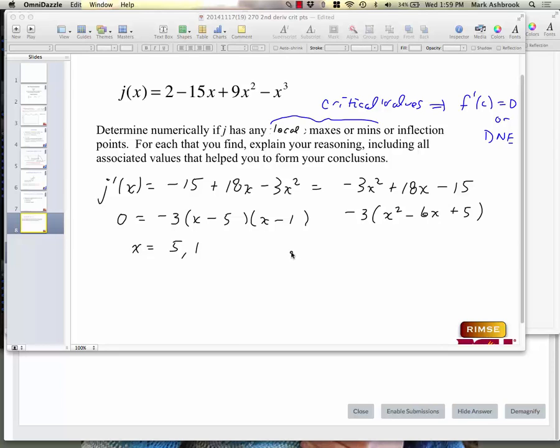How do we know what's going on at 5 and 1 without the graph? So let's start with x equals 5. How can we figure out more specifically what kind of critical value we have? We need to figure out, do we have a case like x cubed, where it's going to keep increasing or keep decreasing, or is it going to be a local max or a local min? How do we know?